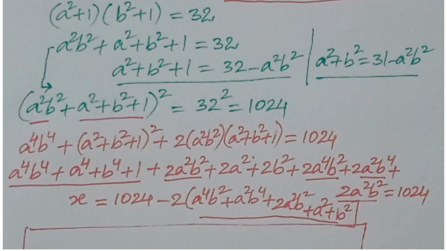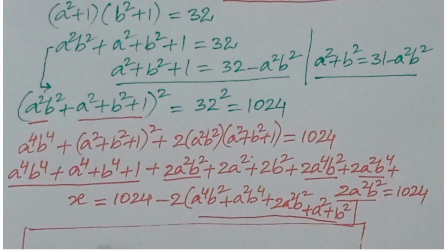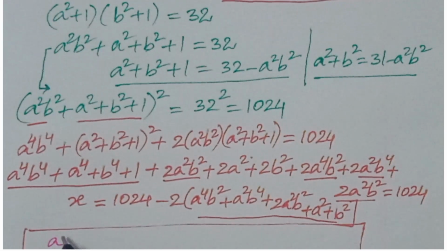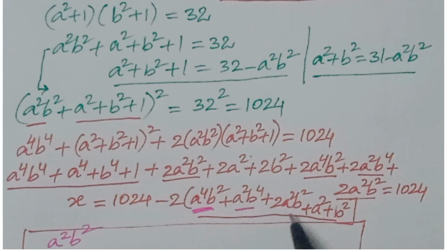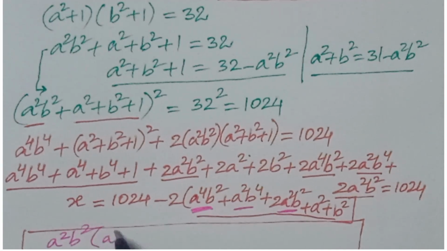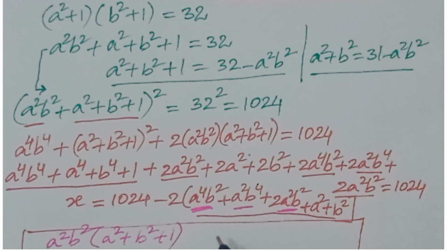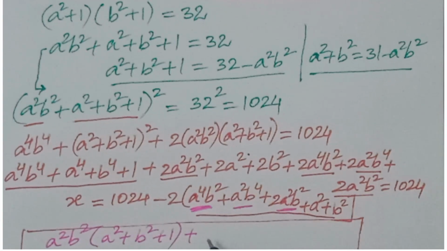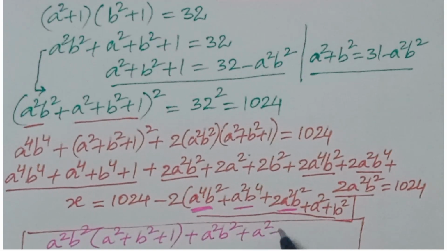This value can be written as, if you take a square b square common in this, you'll get a square b square times (a square plus b square plus 1) plus a square b square plus a square plus b square.